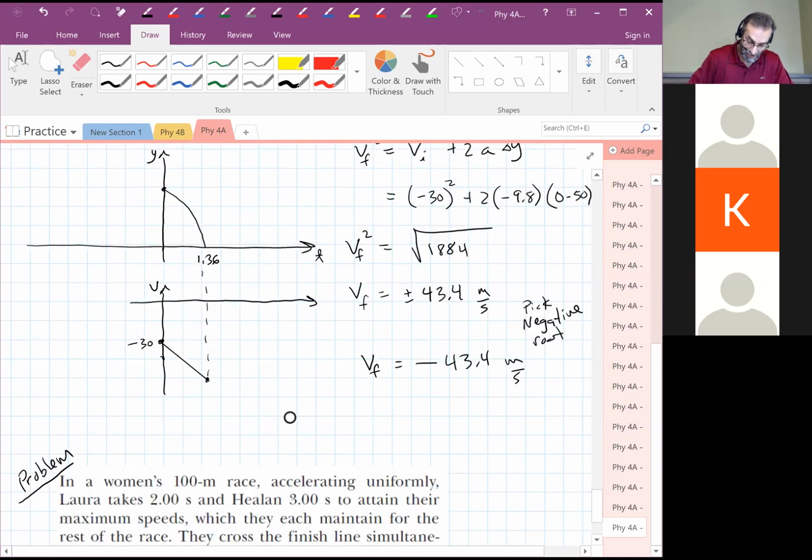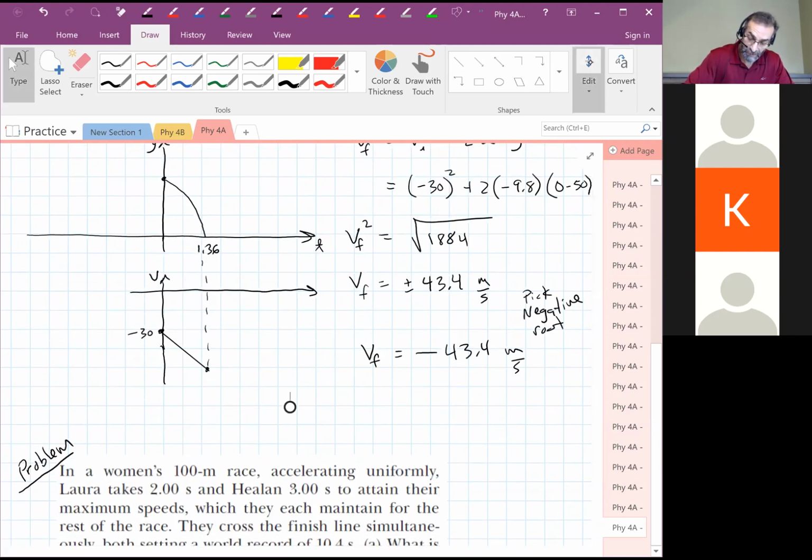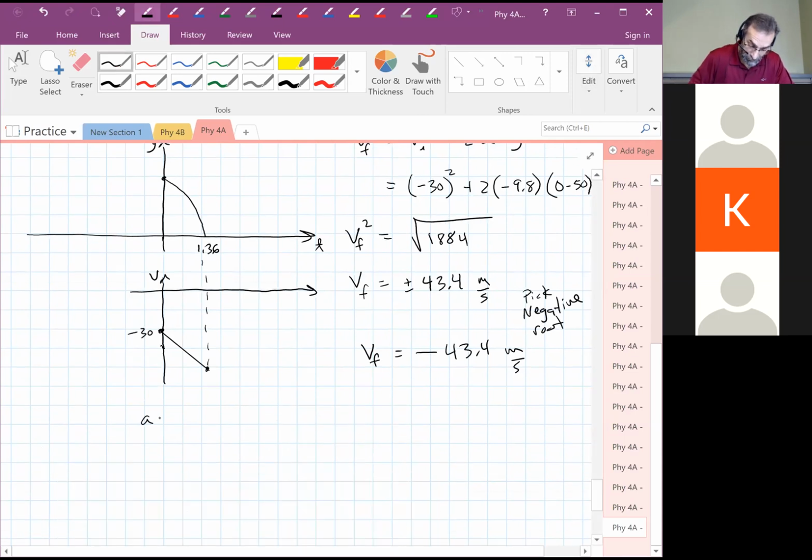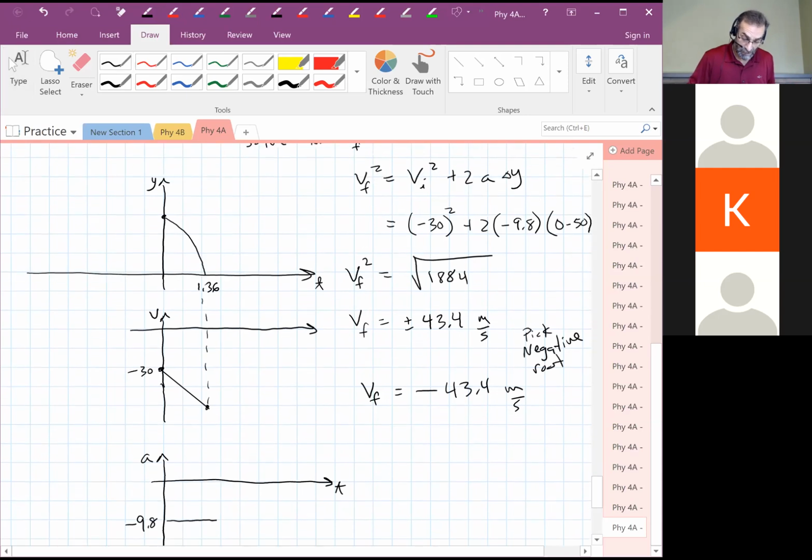And what does our acceleration versus time look like? It looks like a straight line, constant, negative 9.8, right? Okay, so far so good.